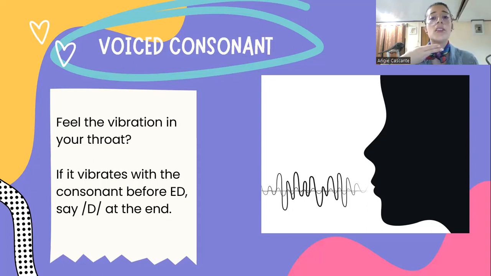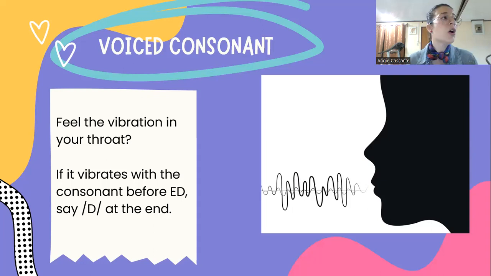Take your two fingers, you place them here on your throat, and as you make the sound, you can feel the vocal cords moving, right? Can you feel that? That vibration is called a voiced consonant or a voiced sound, okay?